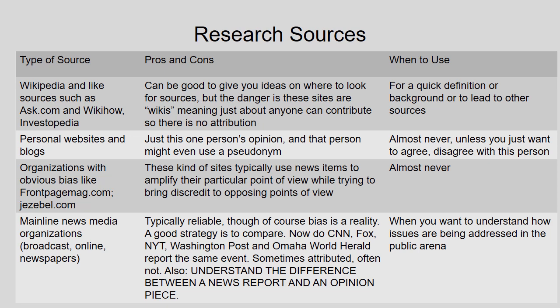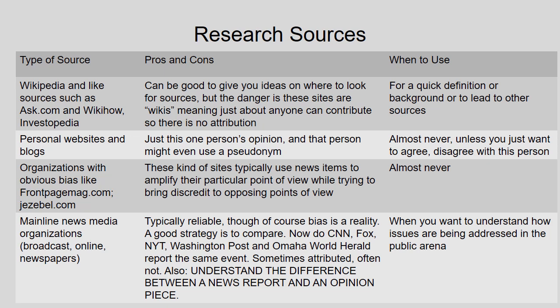So in the left column, the first one I list are sources like Wikipedia, ask.com, WikiHow, Investopedia, things like that. Okay, so these actually are not terribly bad. I mean, of course, you've had instructors who said, I don't want to see a reference to Wikipedia.